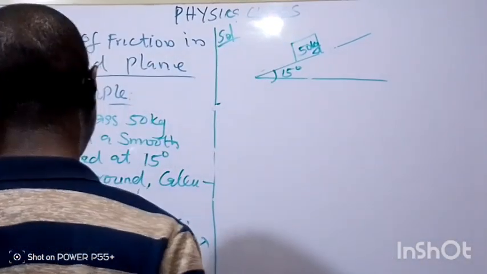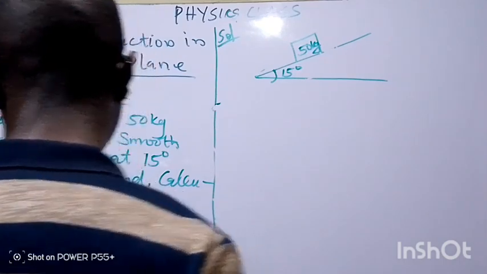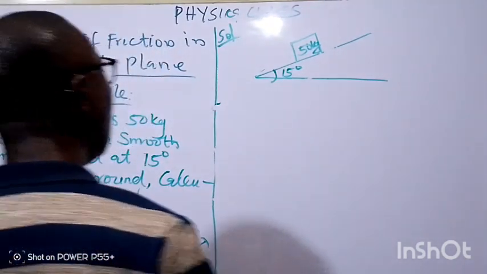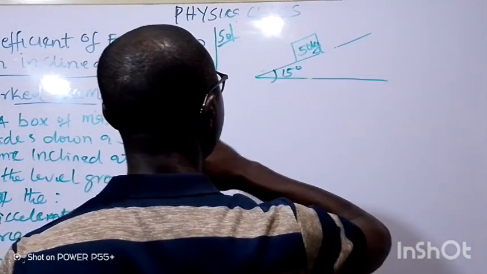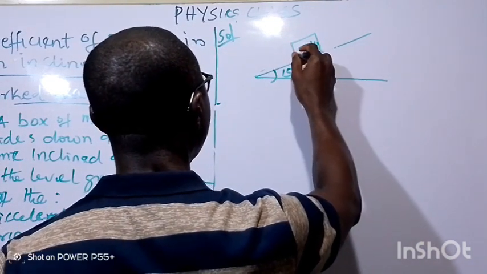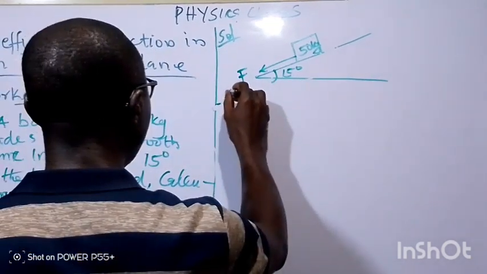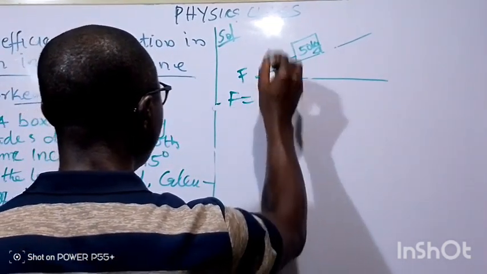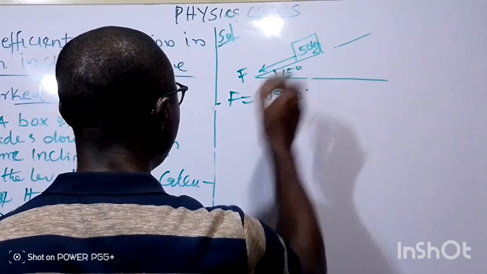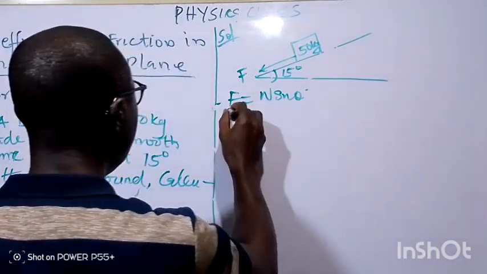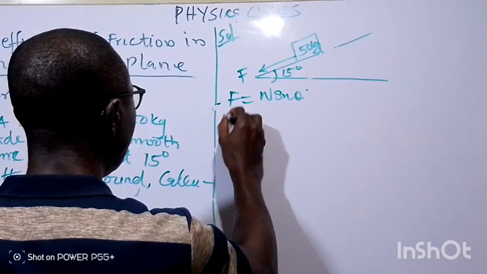Now, the first question says we should calculate the acceleration of the bus. As I said the other time, to calculate the acceleration, the horizontal force, F, is given as W sine theta, and the force that will accelerate the body, F, is equal to ma.